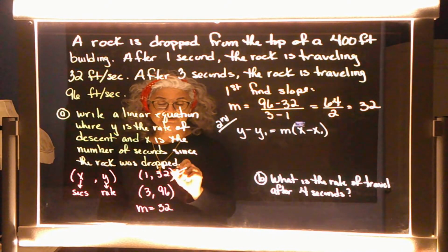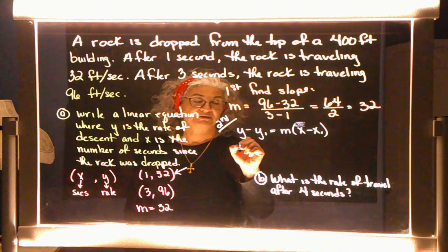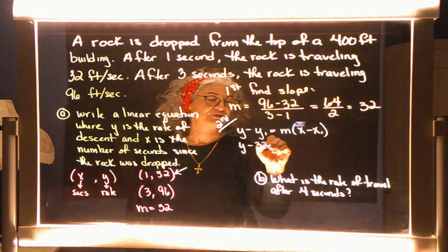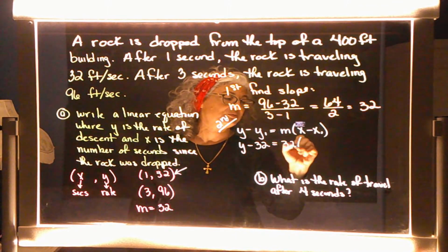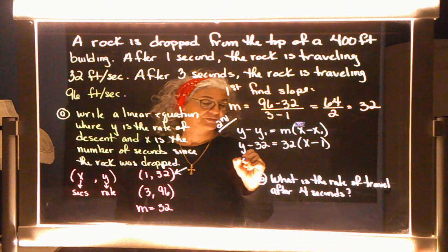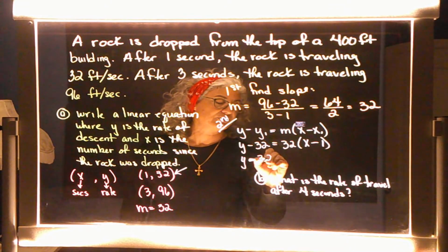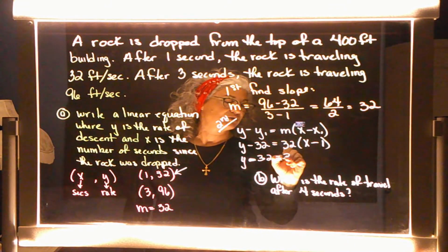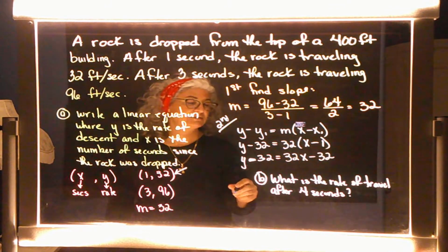So I'm going to use this point. Why? The numbers are smaller, that's all. So y minus 32 equals 32, the slope, times x minus 1. So I get y minus 32 equals 32x minus 32.